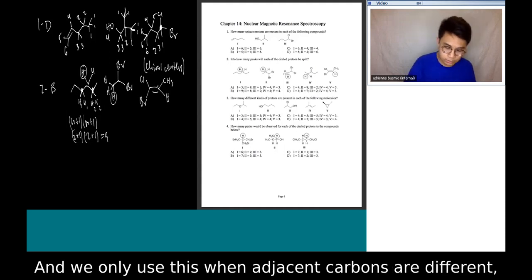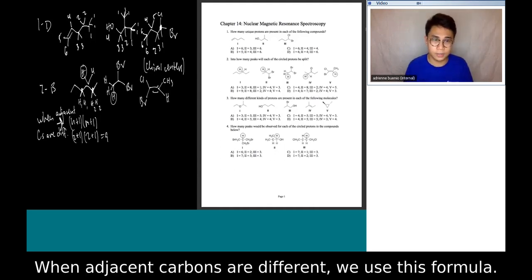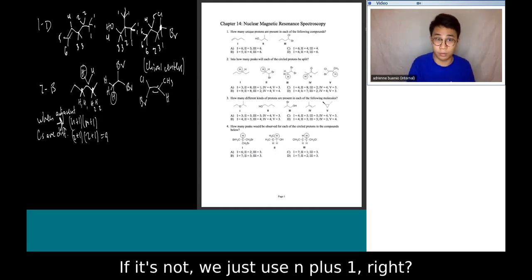And you only use this when adjacent carbons are different, right? When adjacent carbons are different, we use this formula. If it's not, we just use n plus 1, right?